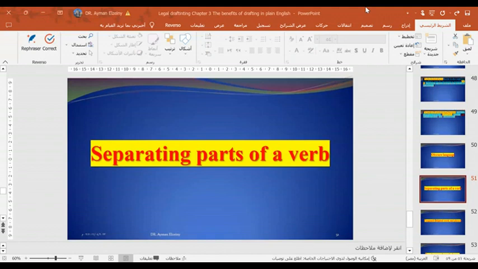Do you see such a clause? Do you see how the drafter separates parts of the verb? In such a verb combination here, may require, the modal auxiliary may is separated from the associated main verb require by 27 words. 27 words.